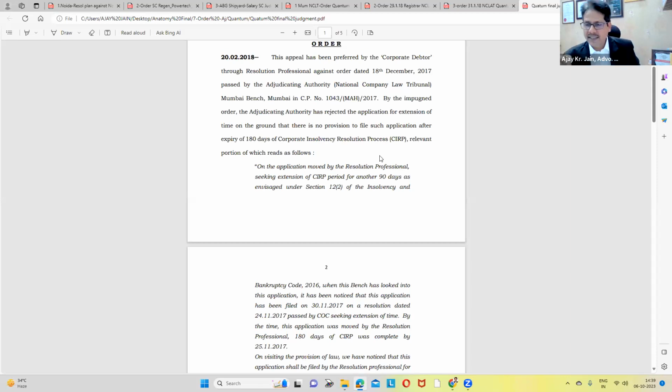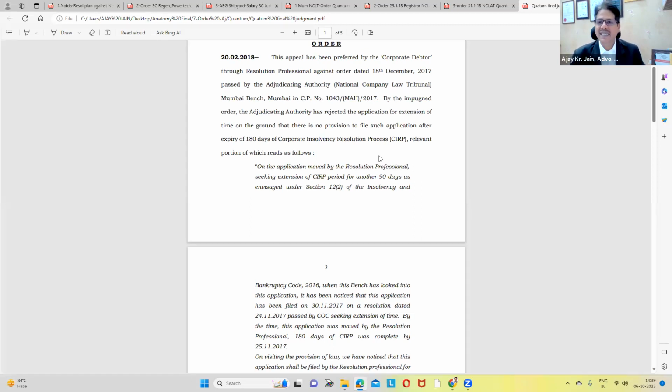Here, the Code says that the resolution should be passed by the COC. It is silent about the time of the passing of the resolution.